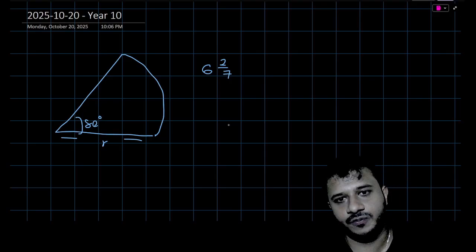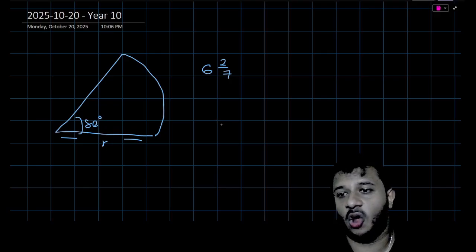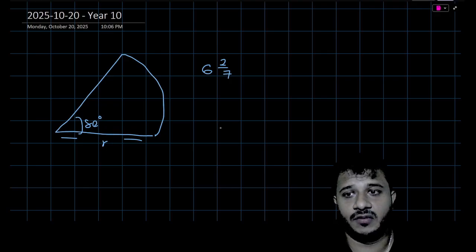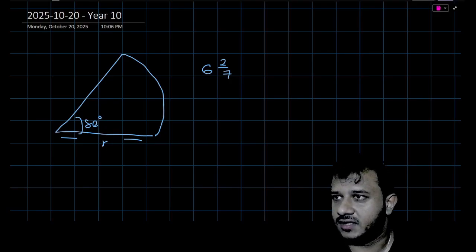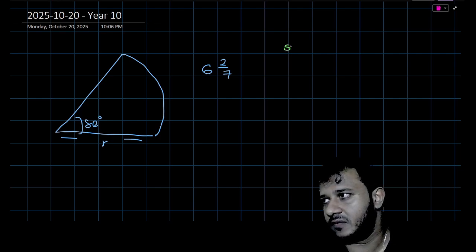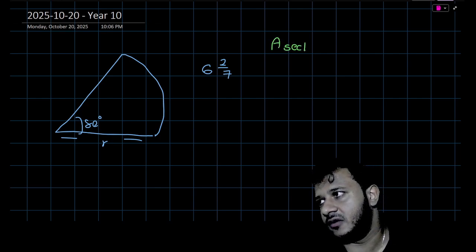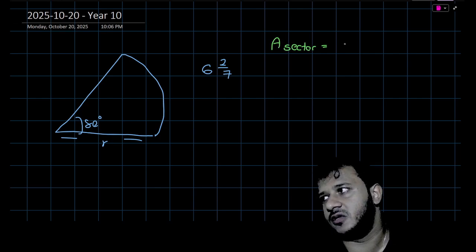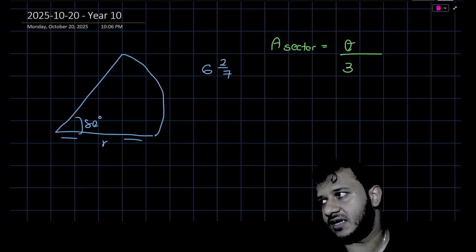We know how to find the area of a circle sector. Area of a sector is equal to central angle over 360 multiplied by 2 pi r.